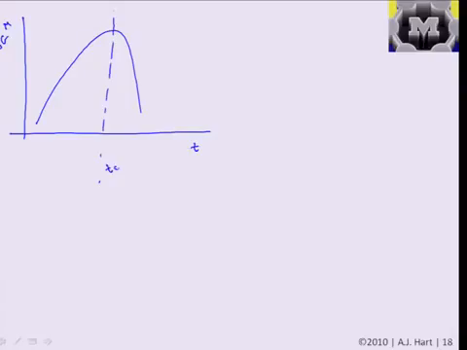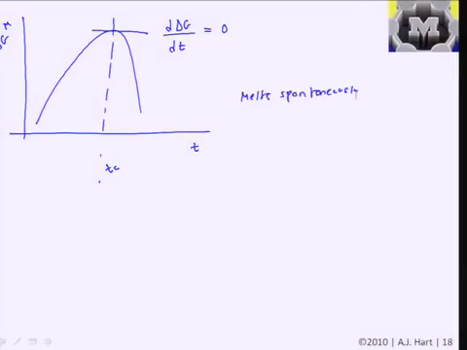And we have this critical thickness T sub C. And now this is the case where the free energy is at a maximum, and increasing the thickness equals a net decrease in the free energy. So then we say that the particle melts spontaneously if the critical thickness is 0.